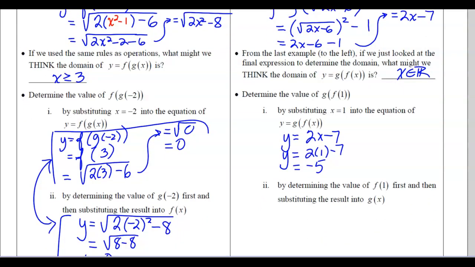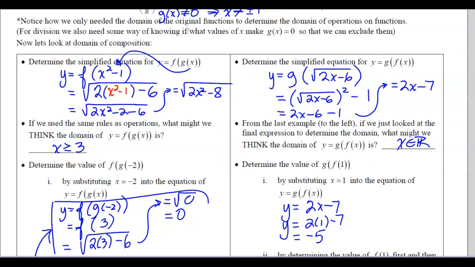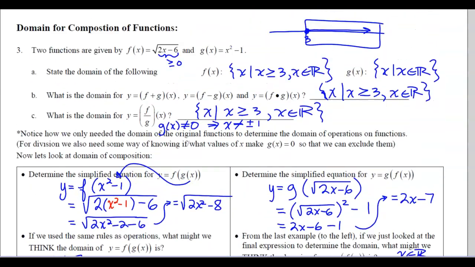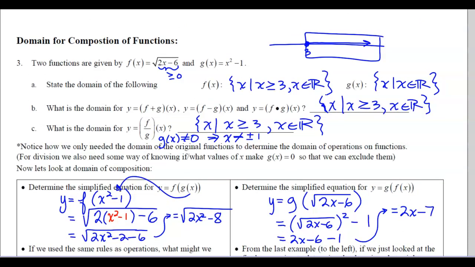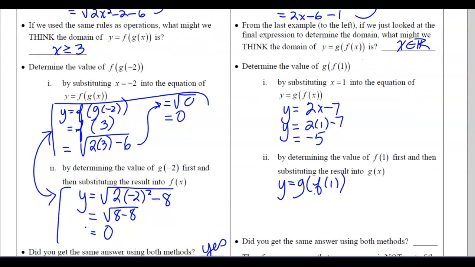But what about if I do it in order? So I go g of f of 1. Well, f of 1, let's go back to my f here. 1 in there is going to be 2 minus 6, which is negative 4, right? So here, I would get the root of negative 4.